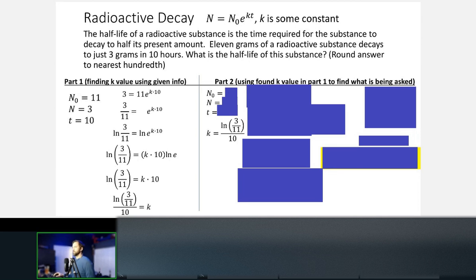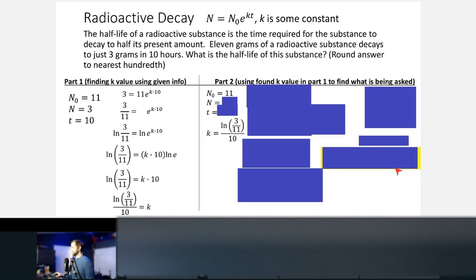All right, so what's our initial value again? 11. So for part 2, the initial amount is going to be 11. Now, they want us to find the half-life of this substance. So that is basically the part 2 question. What is the half-life? Do we know what n is if they want us to find the half-life?